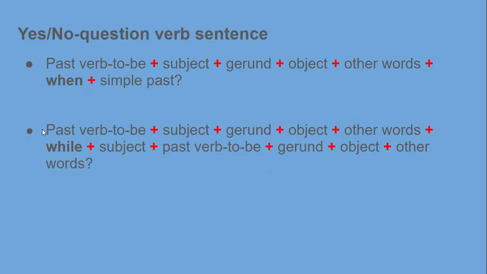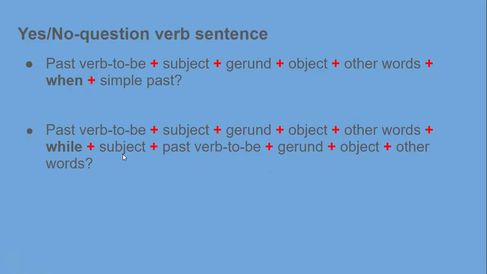And then if you have two actions that were happening at the same time, moment or event in the past, then you should use this structure here. The past verb to be, the subject, the gerund, the object, other words, and then we connect the two actions using while, okay?